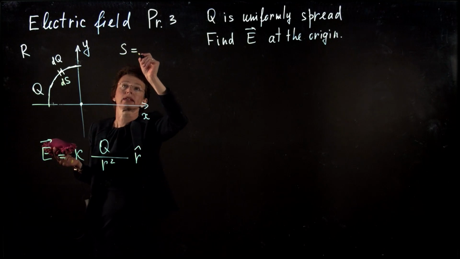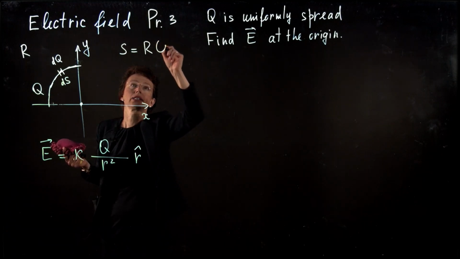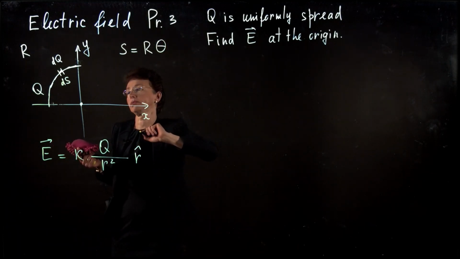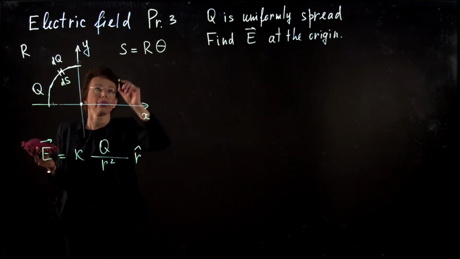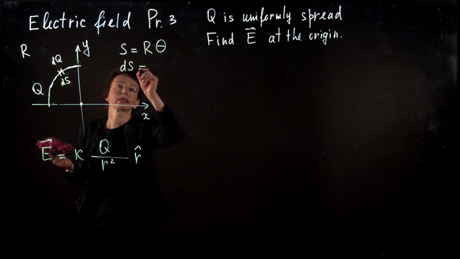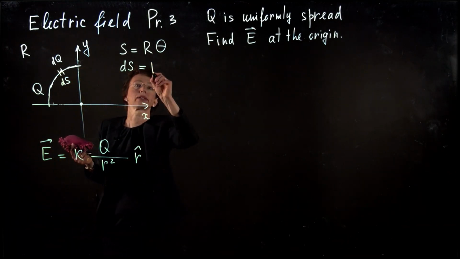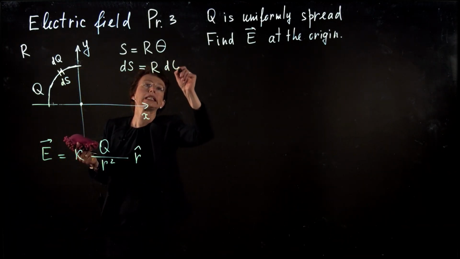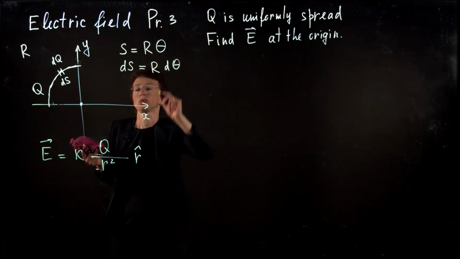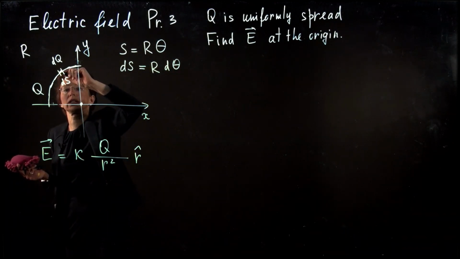S is the length of arc, and it is equal to radius r times angle theta. And then ds, the infinitesimally small length of arc, is radius r, that stays constant, times d theta. Where theta is the angle, we can introduce the angle with horizontal, for example.